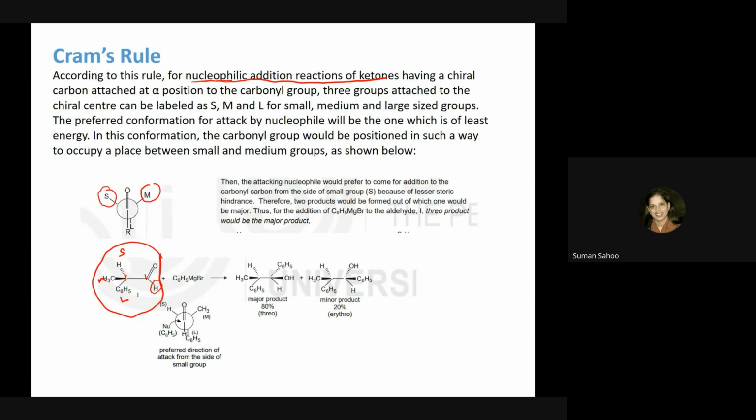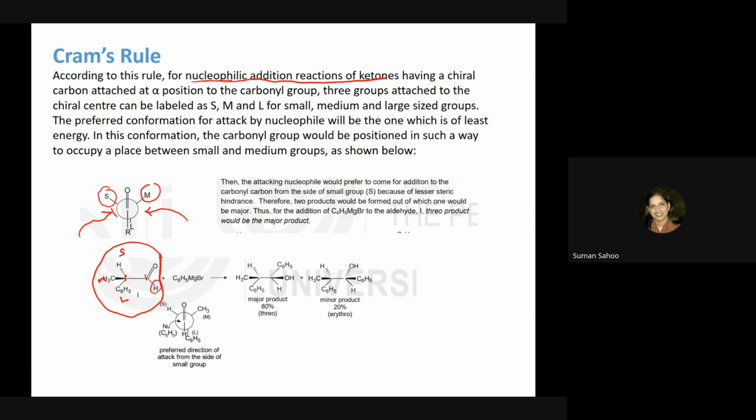Now the nucleophile has two sides of attack. It can attack from this side or from that side. According to him, this is the preferred conformation.